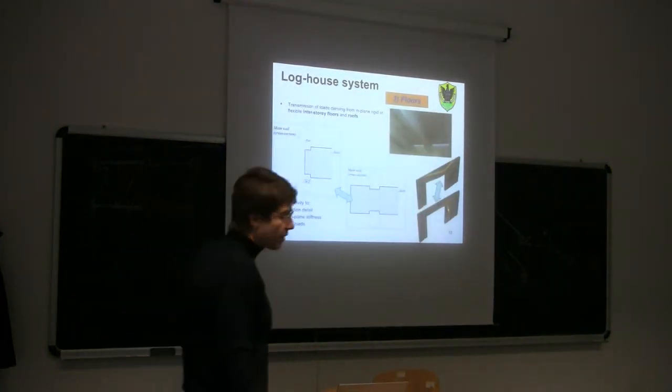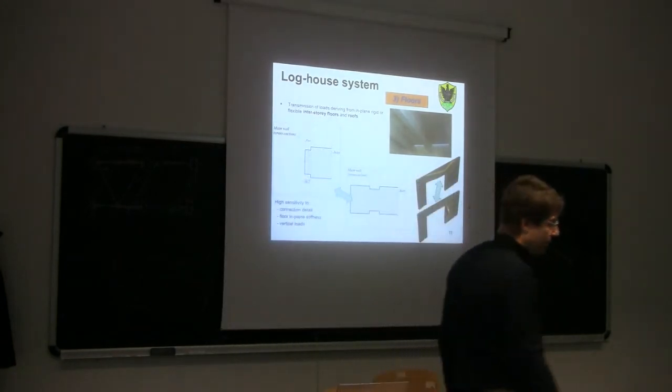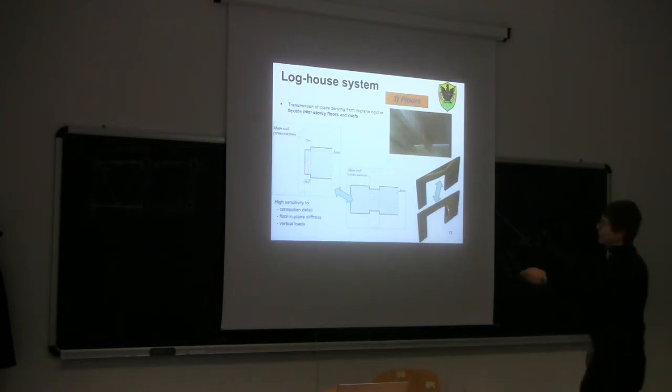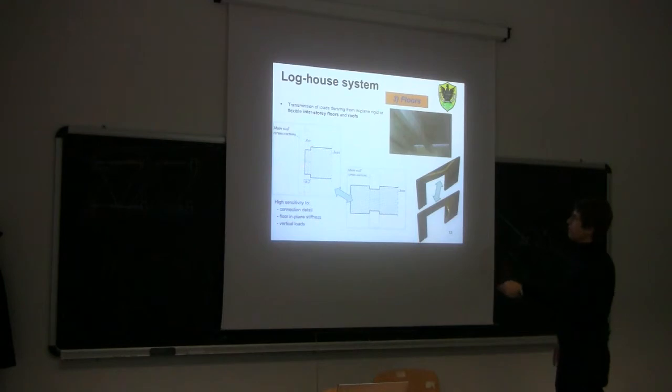The floors are usually quite simple. They are made of joists and planks. And the joists, as you can see here, may go over the wall. So they may have this carving here and go over the wall, or they may just be stopped above the wall with these notches here.